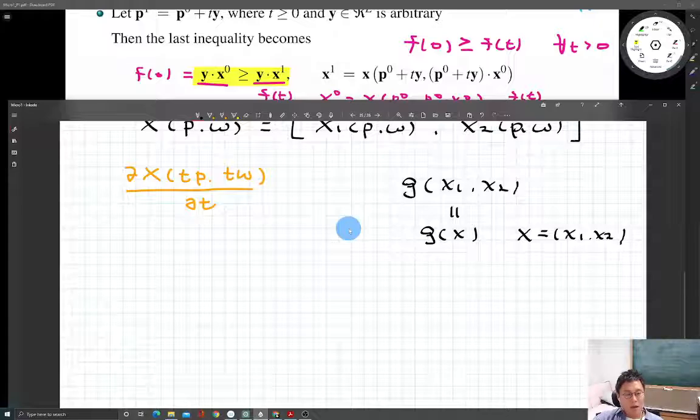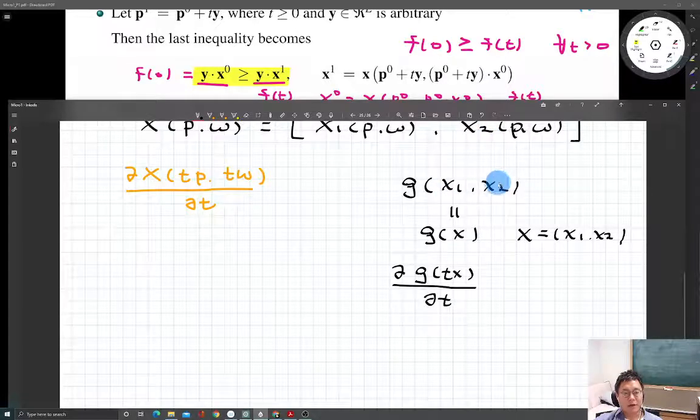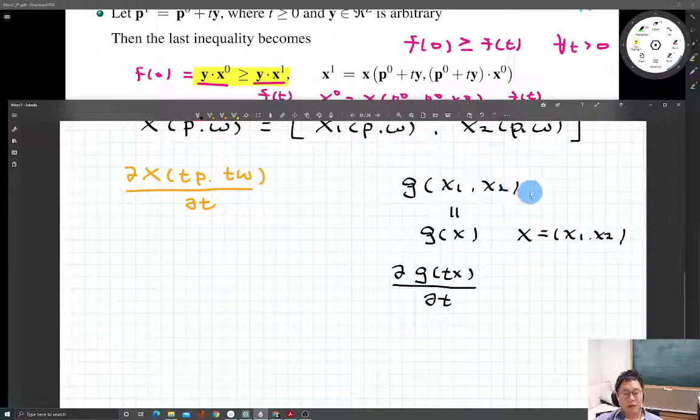Then let me multiply the inner argument by t, so g of tx. Now what is the derivative of this function with respect to t? Once again, this is not vector valued, but this is a multivariate function. It gives us a scalar, but depends on two variables.